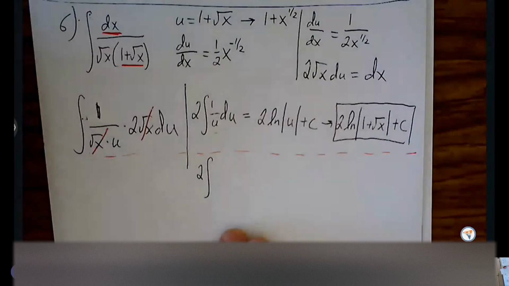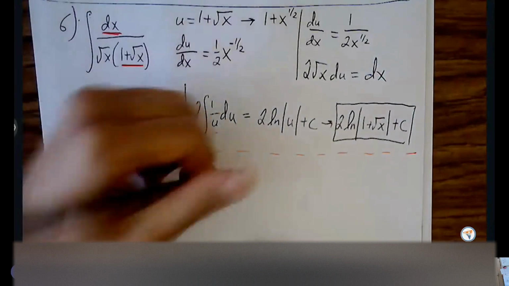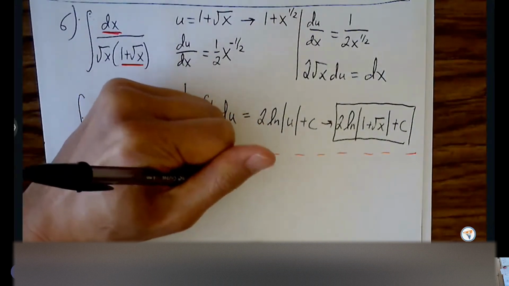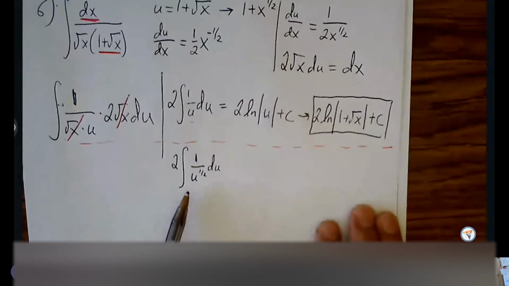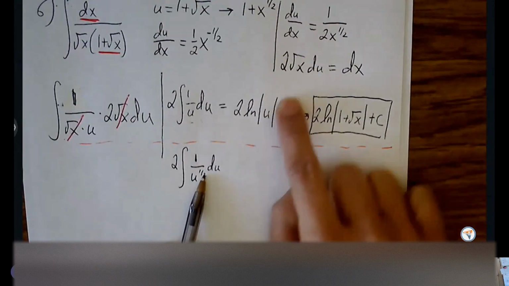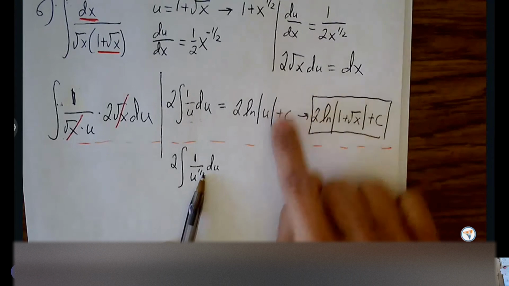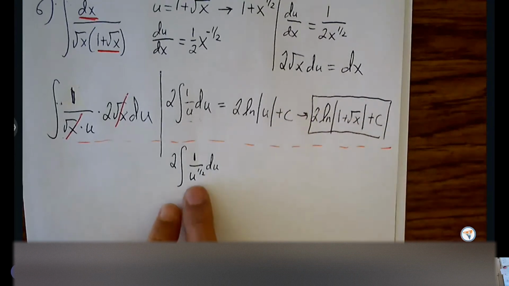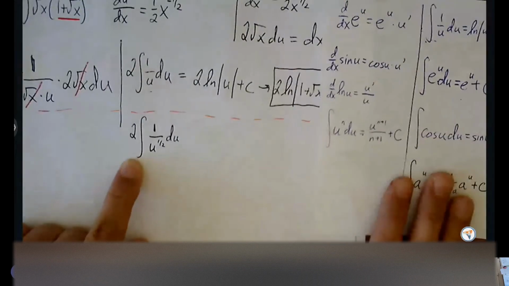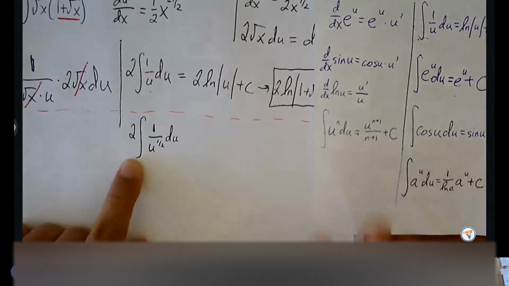What if instead of 1 over u, it was 1 over u to the 1/2? Can I still use natural log and just adjust it and say, well, that 1/2, I can just put it up here? This is completely different, right? How do we handle this problem? Would be a power rule? Yeah, it's a power rule.